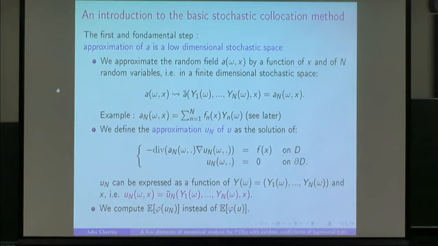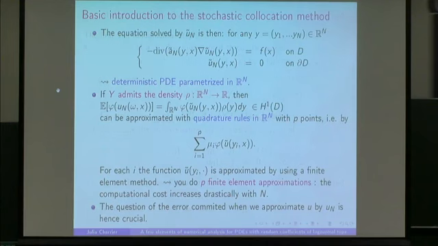And then, instead of computing the solution u of this problem, you compute the solution of this problem, which is the same, but you have replaced the coefficient a by the approximation a_n, which is a function of n random variables. And then you can express the solution of the approximate problem by a function u_n of the n random variables which were here. And of course, you compute the expected value of phi of u_n instead of the expected value of phi of u.